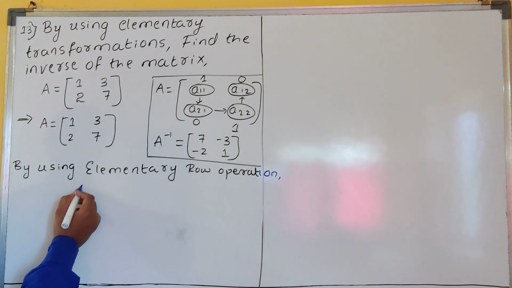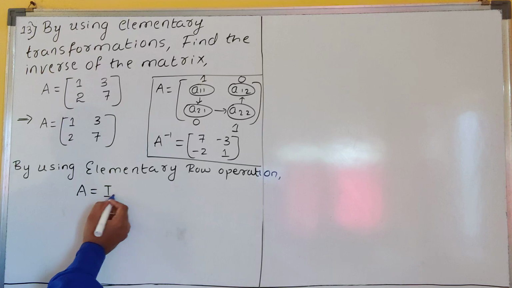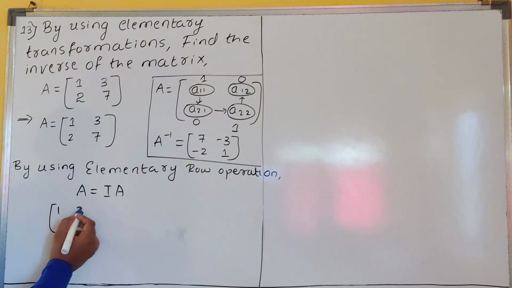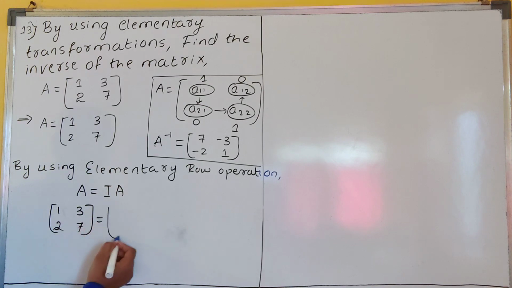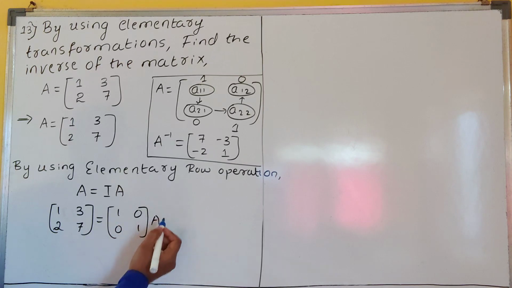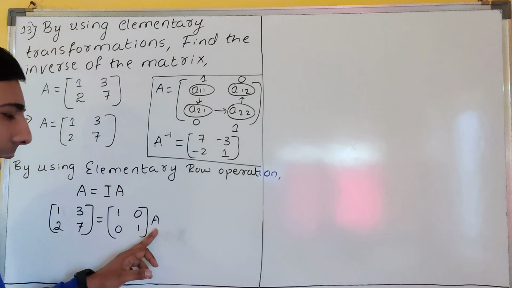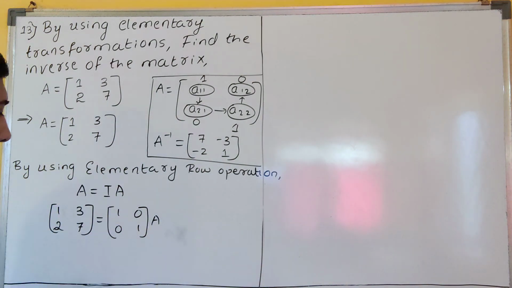So you can write it as A is equal to I into A. A is [1, 3; 2, 7]. I is [1, 0; 0, 1] into A. I hope it is clear for you. So don't forget to write A here and don't substitute the A value.